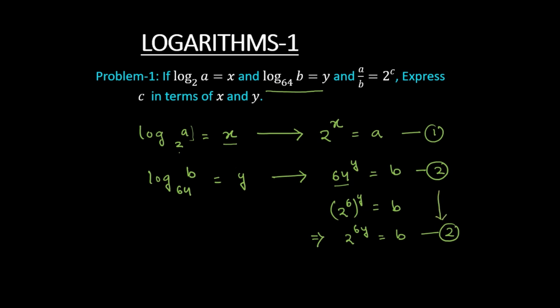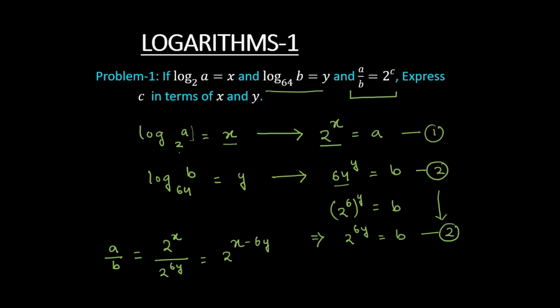Now if we use the condition a by b equals 2 raised to the power c, what do we get? In place of a, I'll substitute 2 to the power x. So a by b is equal to 2 raised to the power x over 2 raised to the power 6y, and this can be written as 2 raised to the power x minus 6y.